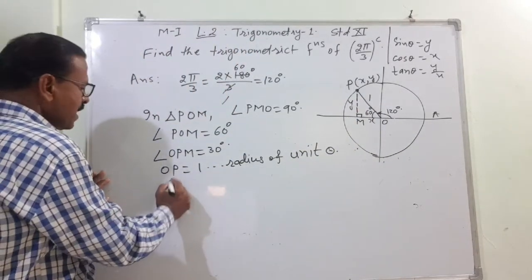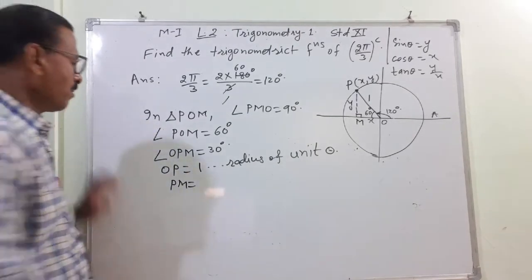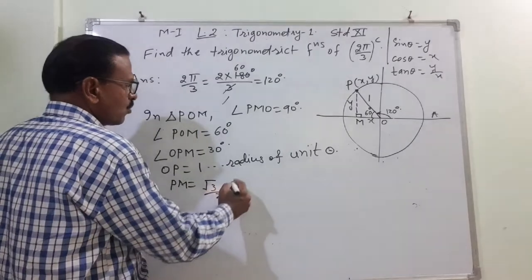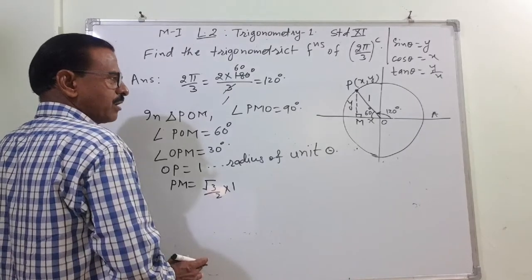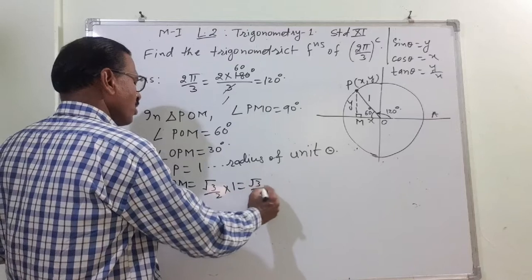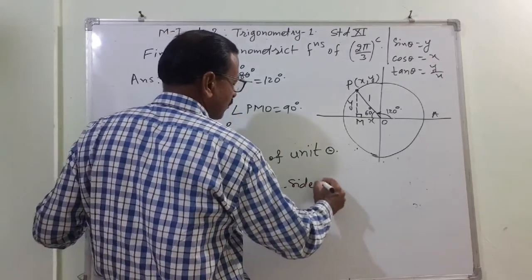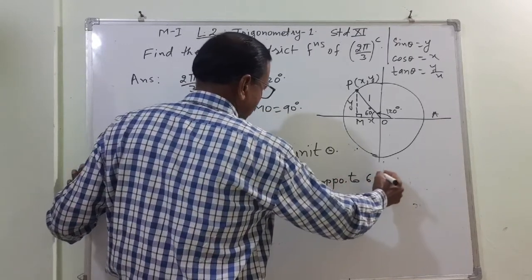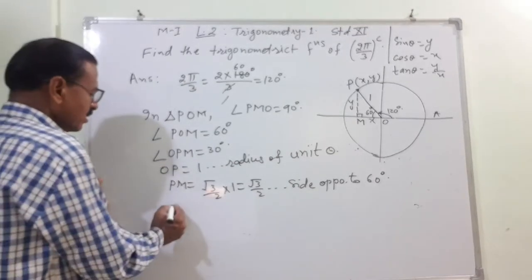Therefore, PM equal to root 3 upon 2 into 1. Is this clear? That is equal to root 3 upon 2. Reason, side opposite to 60 degree. Now OM also I want.